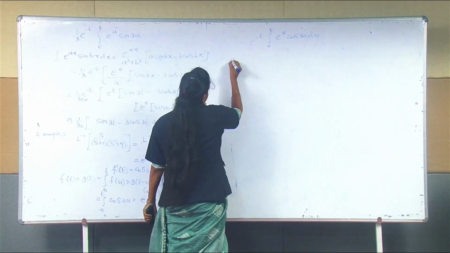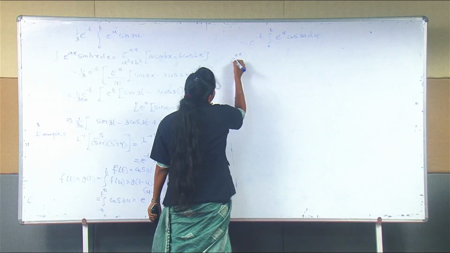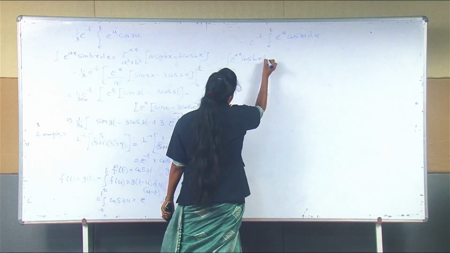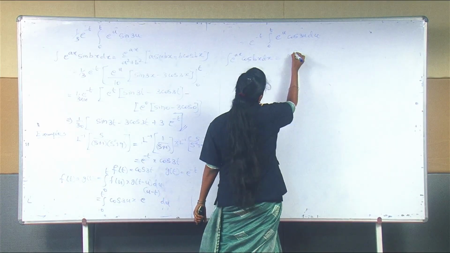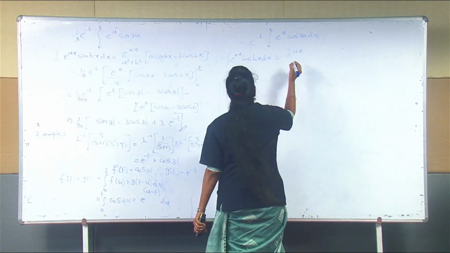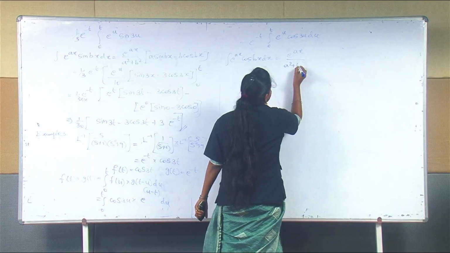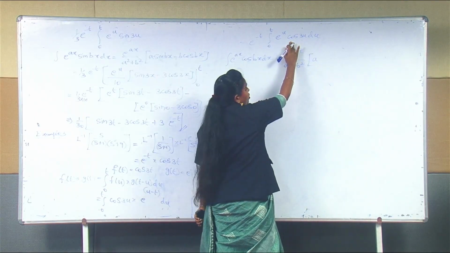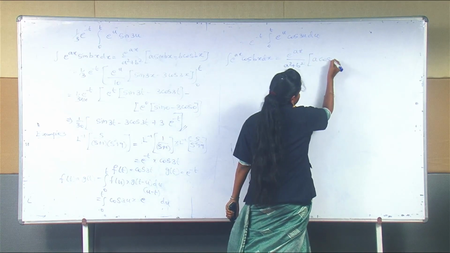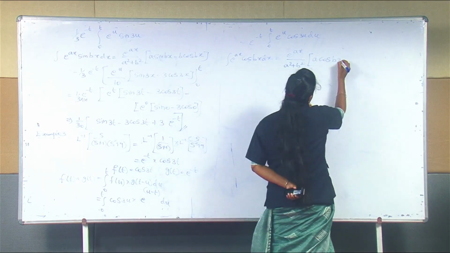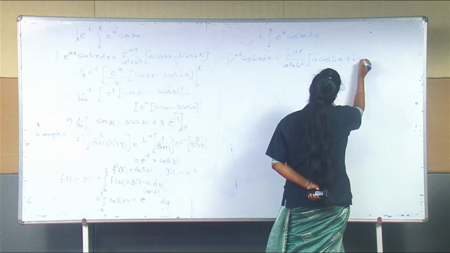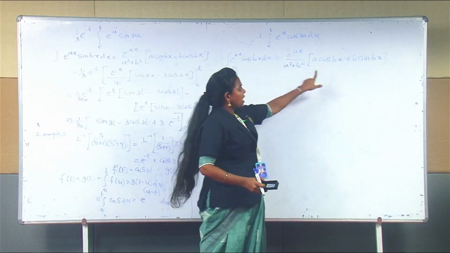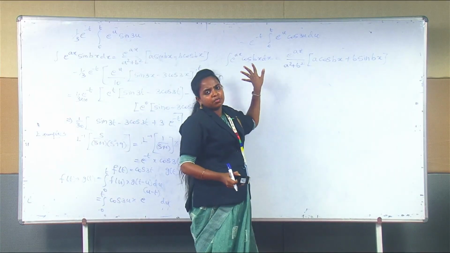Here also we have a formula: integration of e power ax into cos bx into dx is equal to e power ax divided by a square plus b square into, here if you have cos you have to start from the cos function, a cos bx plus b sin bx. In cos you will have plus, in sin you will have minus.